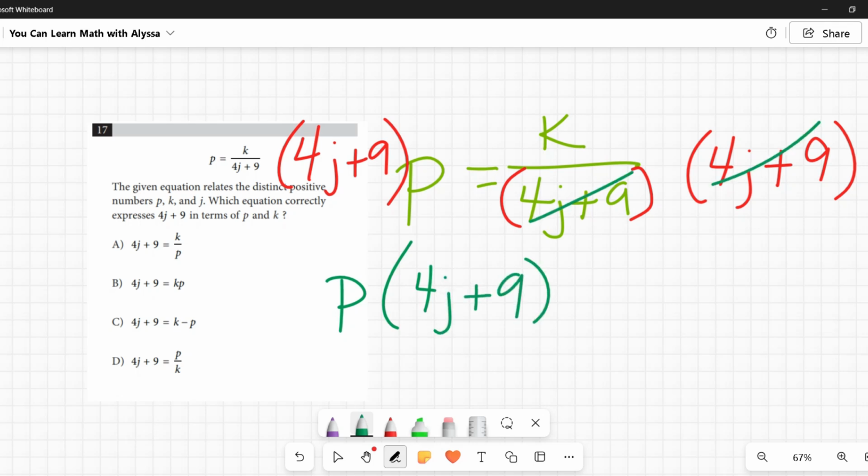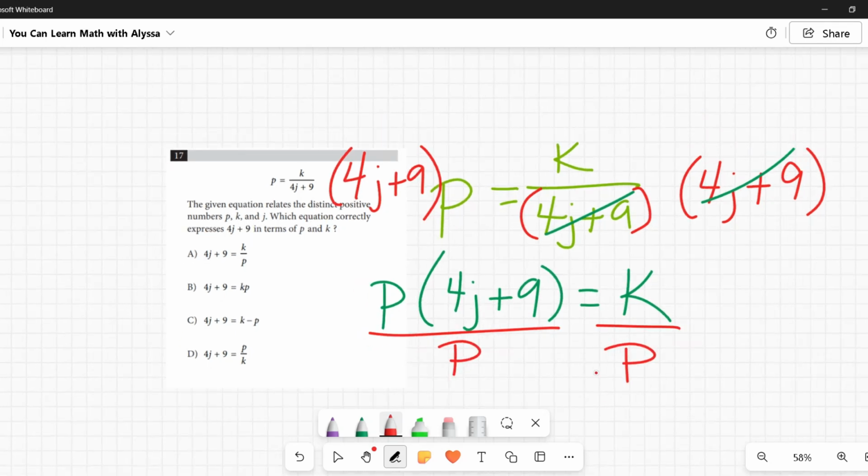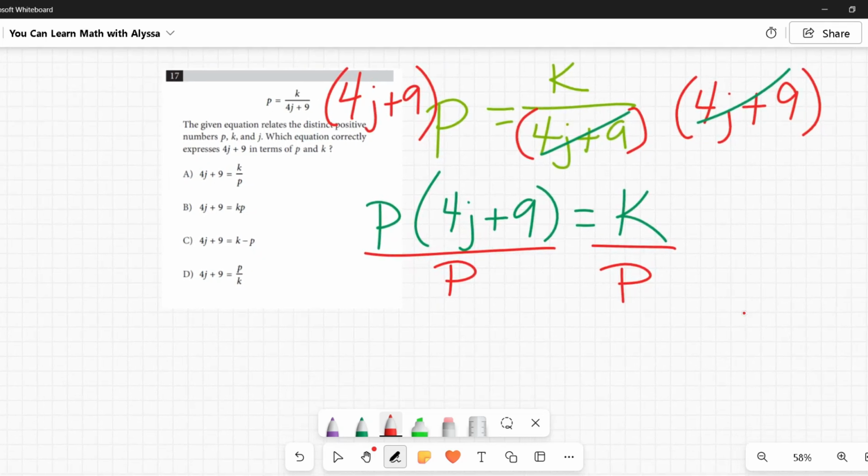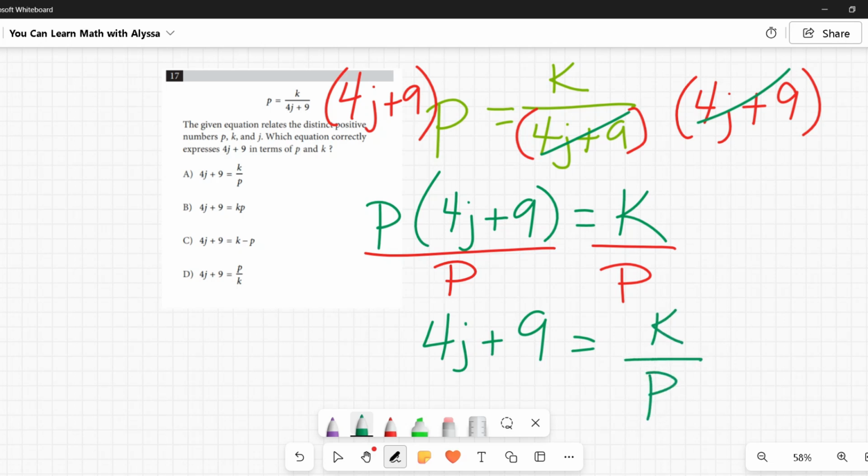Those canceled out on the right, so I just have K. Now 4J plus 9 is being multiplied by P, so to undo that, I divide by P. Divide both sides by P. Always in algebra, we do it for both sides, keep it balanced because it's an equation, got to be equal. And I've reached my goal. I have 4J plus 9 on the left, which is what I wanted, and K divided by P on the right. And that is A.